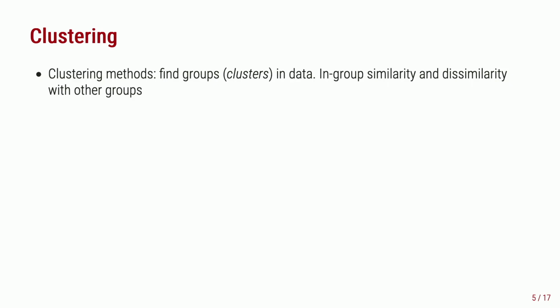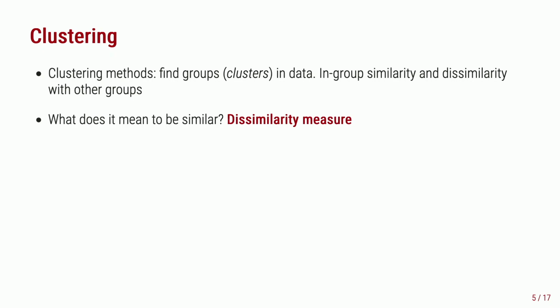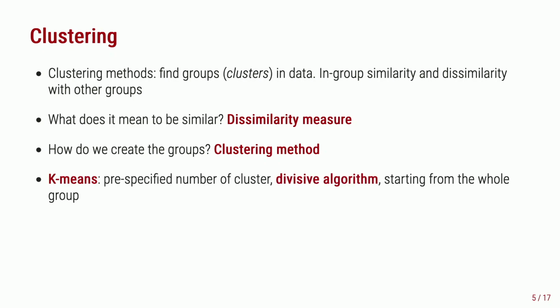So cluster. We will have to talk about the similarity measure and the clustering method. And we have two large types of cluster that are used in ecology, at least. There are lots of others used in other areas, but k-means, you have maybe heard of k-means.